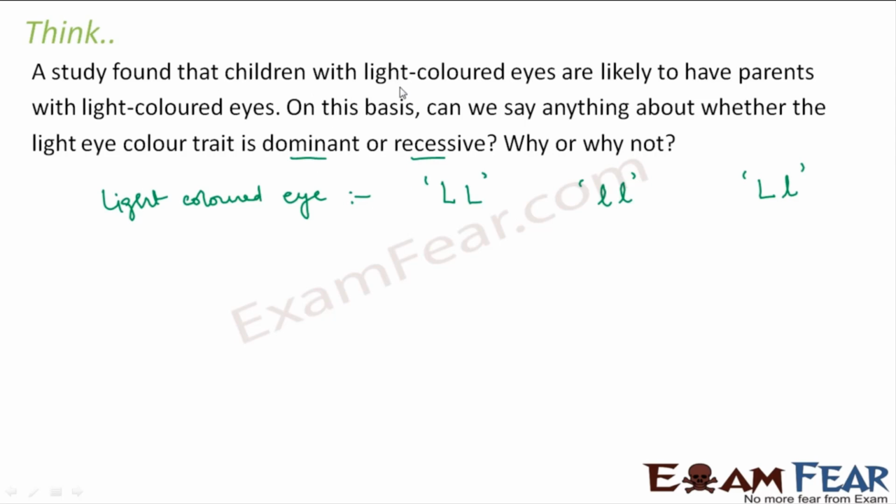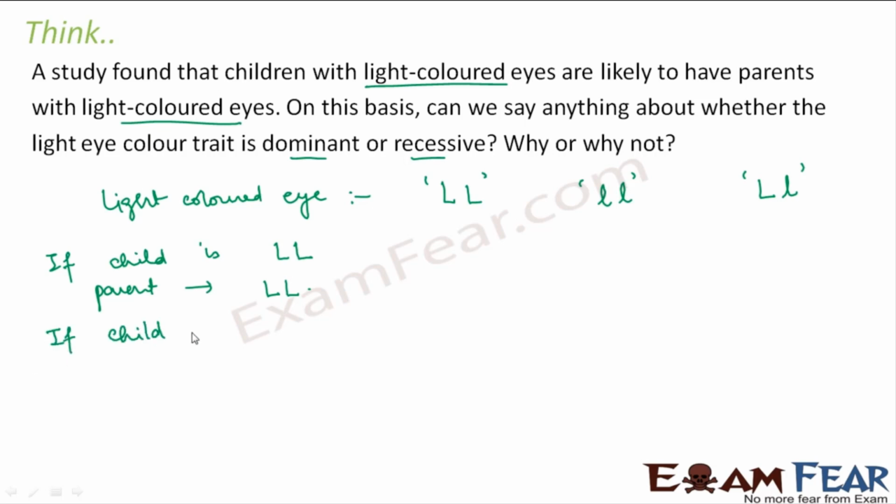What is given? That children with light colored eyes are likely to have parents with light colored eyes. Right? That means if the child is capital L, in that case, the parent will also be capital L, right? Because if the child is homozygous, the parent has to be homozygous. Now, if the child is small l, in that case, what will happen?